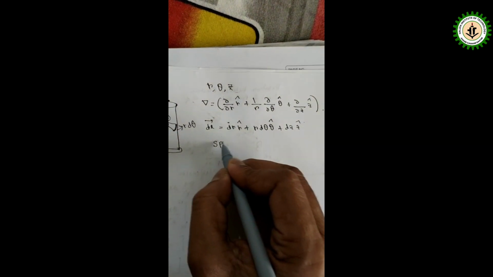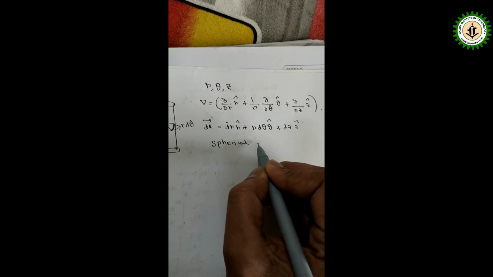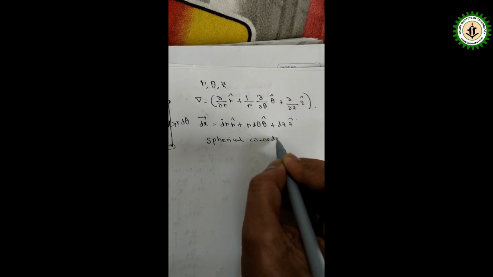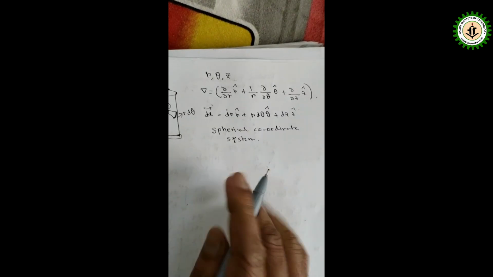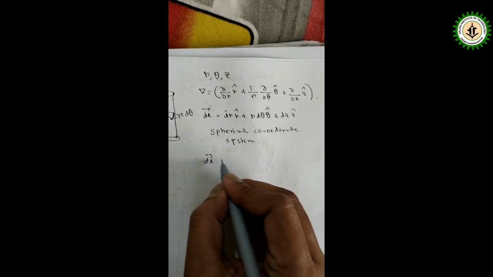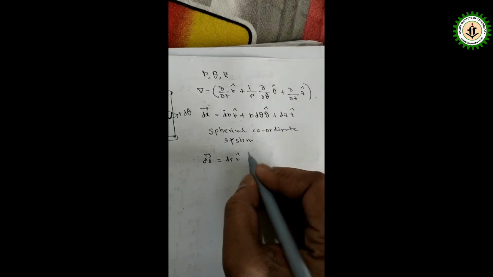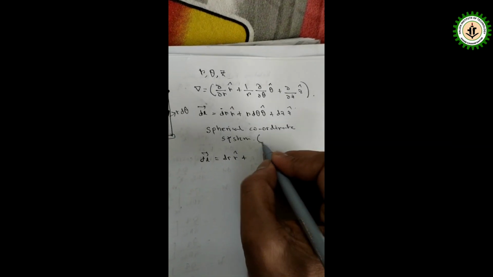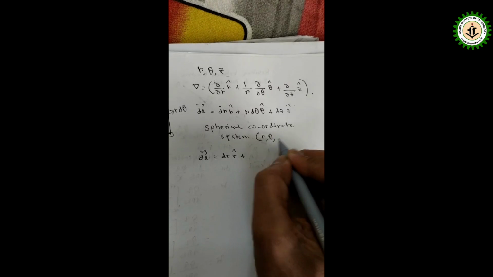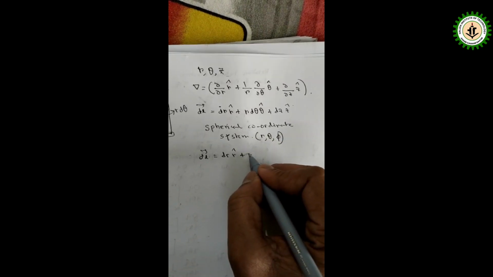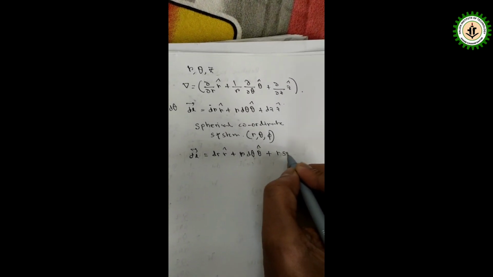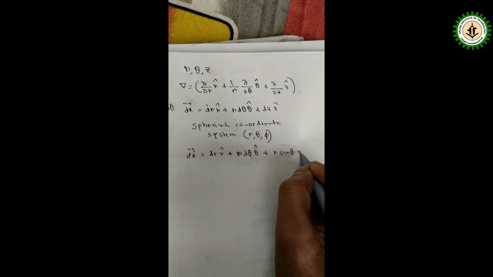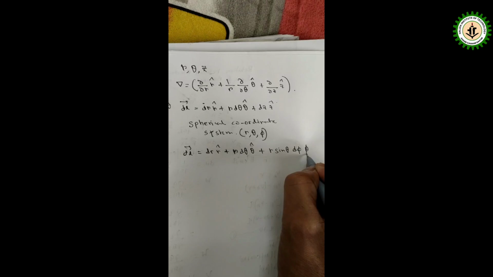Similarly, instead of a cylindrical coordinate system, we consider a spherical coordinate system. In that case the length vector dl, with parameters r, theta, and phi, I can write as dr along the r direction plus r d theta along the theta direction plus r sin theta into d phi along the phi direction.